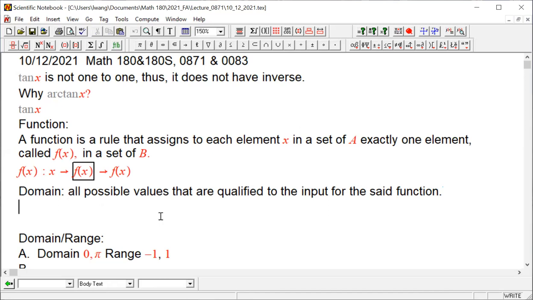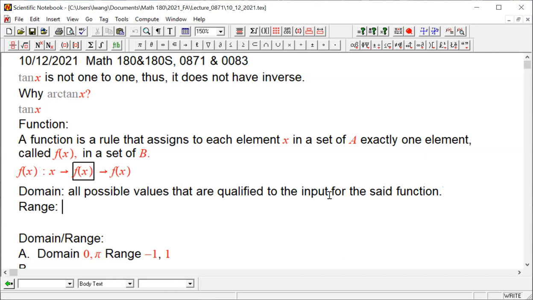And what's the concept of range? Range is the consequence of domain.